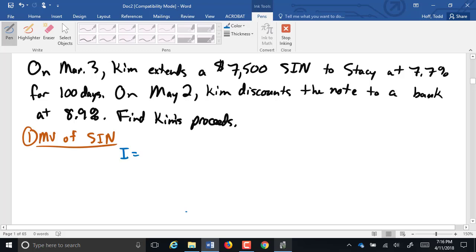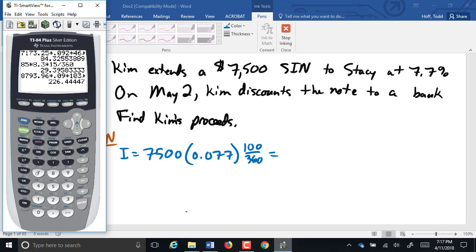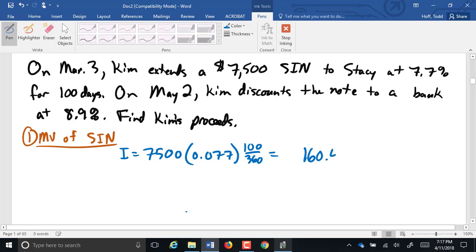So we need to find the maturity value of the original simple interest note. I equals 7,500 times 0.077 times 100 over 360. $160.42.